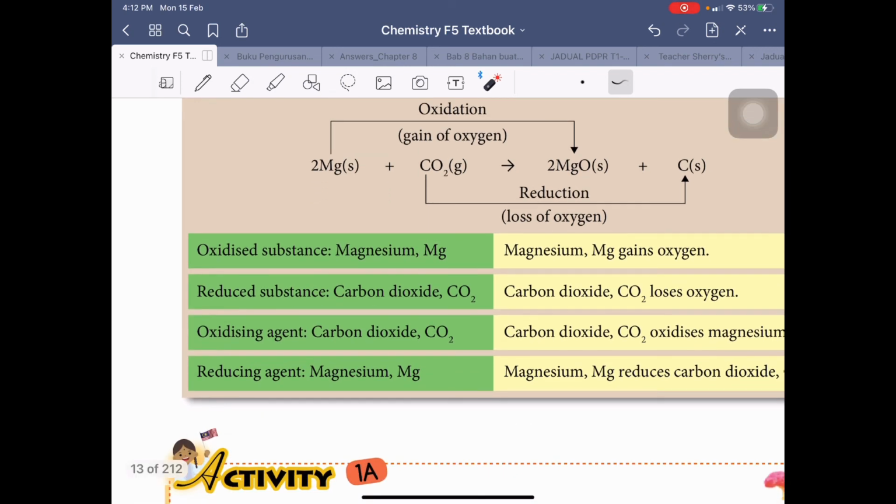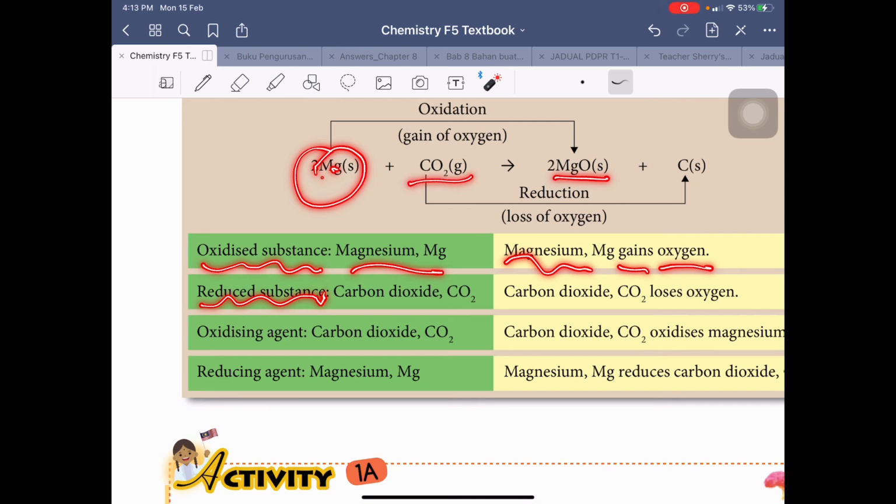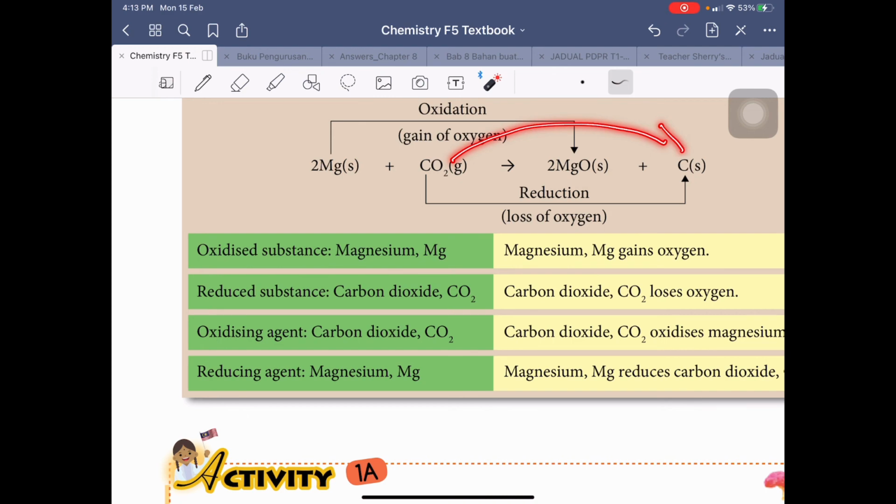Look at the soalan here. Oxidized substance, magnesium. Why? Because magnesium gains oxygen, from Mg become MgO. Reduced substance, bahan yang diturunkan, carbon dioxide. Why? Because CO2 loses oxygen. Oxidizing agent, carbon dioxide.